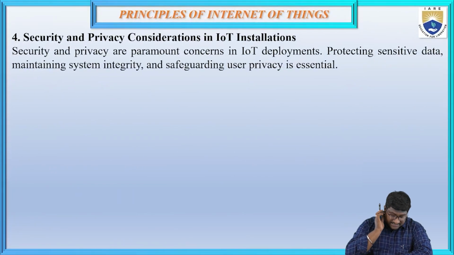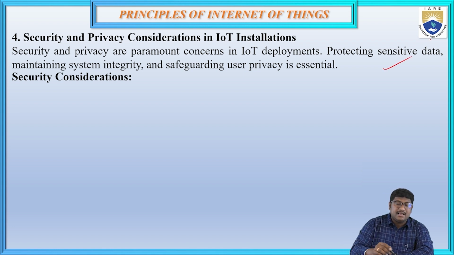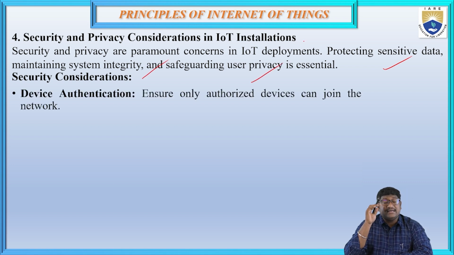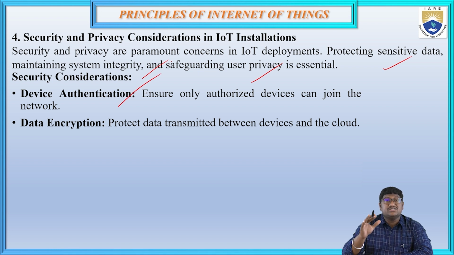And what are the security and privacy challenges which have to be considered at the time of IoT installation? Security considerations are paramount concerns in IoT deployment, where we are protecting sensitive data, maintaining integrity, and safeguarding privacy. In security considerations, device authentication: we need to ensure authorized users are going through the network or not.